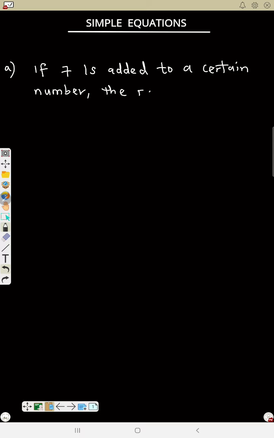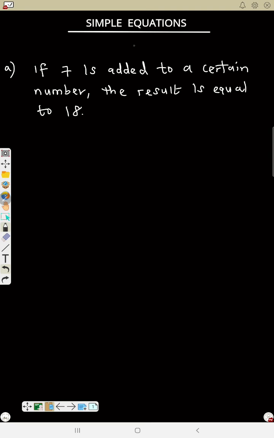So let's say if 7 is added to a certain number, the result is equal to 18.